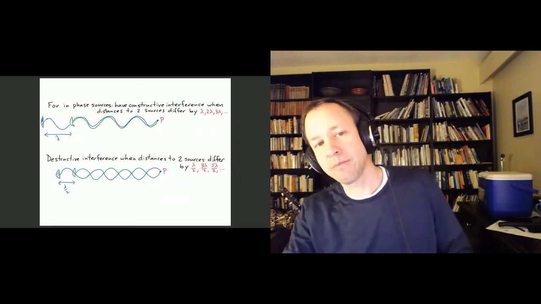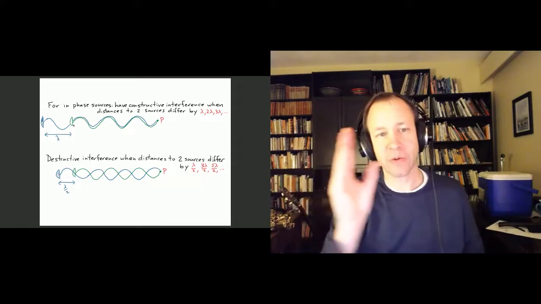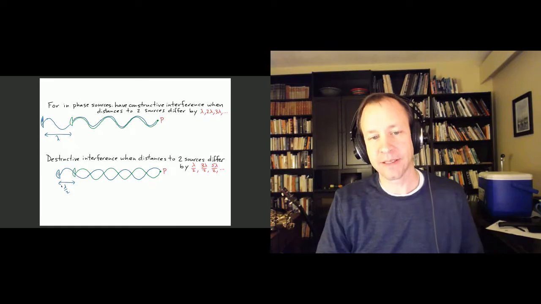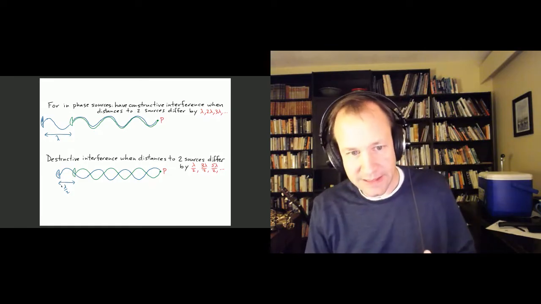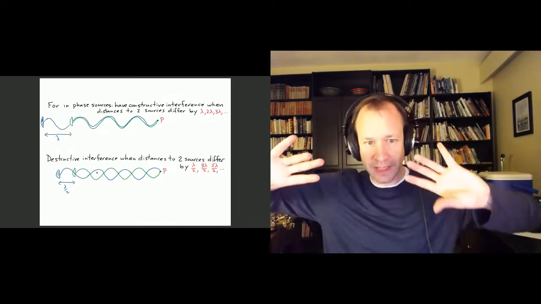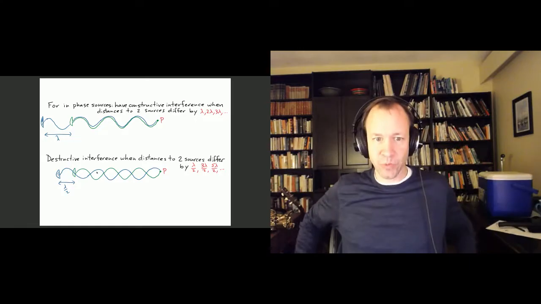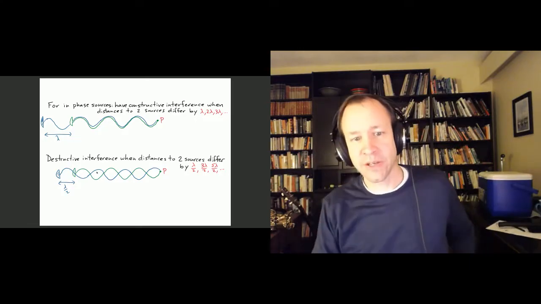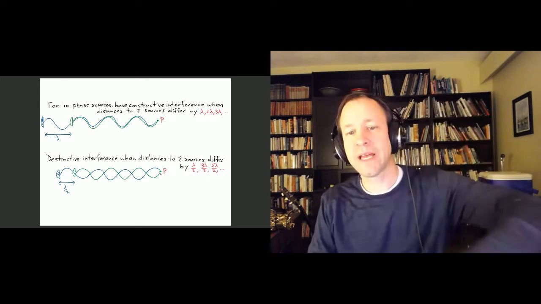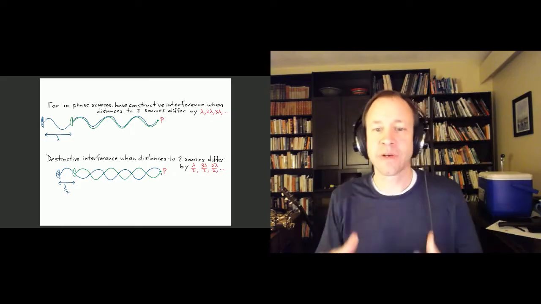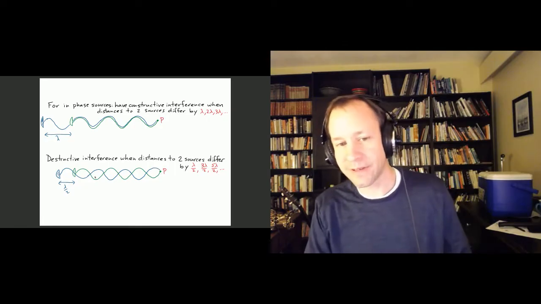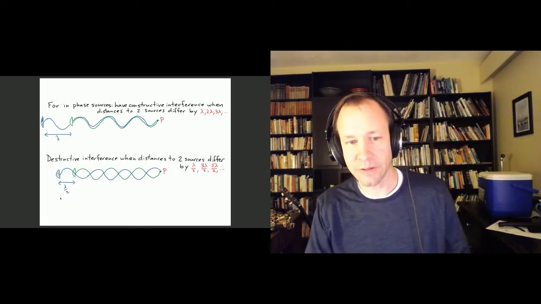But now I can consider moving the blue speaker backward a little bit. If I move it backward by exactly half a wavelength, and I take a picture of the waves at some time, the blue one is 180 degrees out of phase with the green one. Everywhere along this path, if I add up the two waves, they add to 0 or very close to 0. So we get destructive interference if the path length difference is lambda over 2.